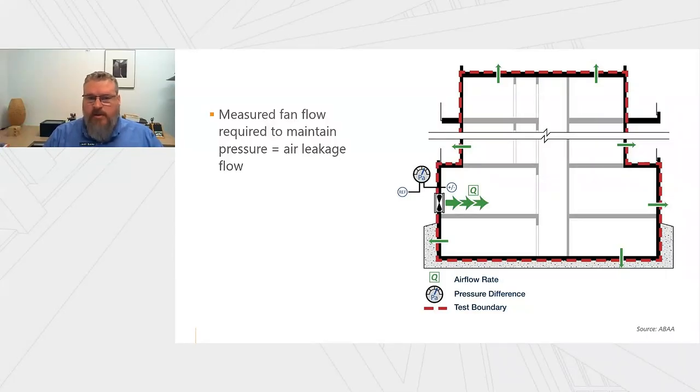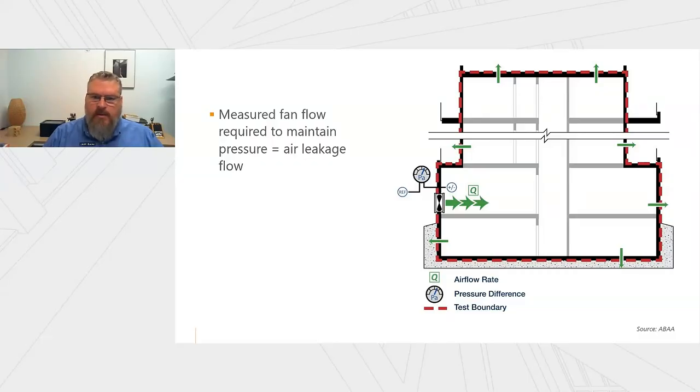So what you're doing is, if you imagine a simple section of a building like this, you've got a little bit more complicated than a 6-sided box. But if you assume this box has a bunch of small holes in it, what we're doing is we're pumping in a known amount of air at one location, so that the fans are able to very accurately determine how many CFM of air, the volume of air, that they're delivering.